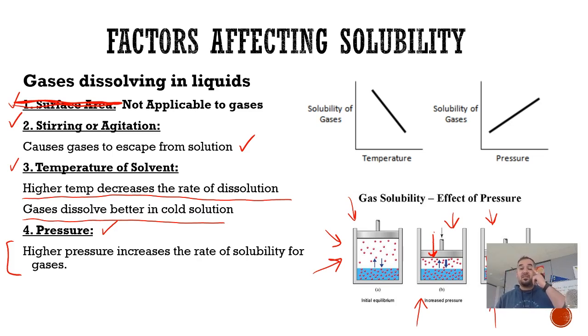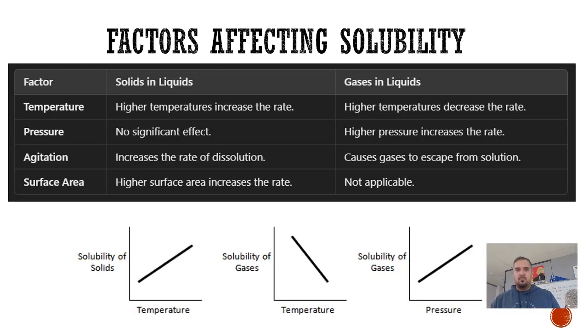So the big differences between gases and solids is that surface area only affects the solids. It doesn't affect the gases. And pressure does not affect solids, whereas it's very important here in gases.